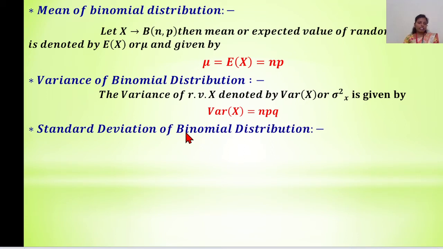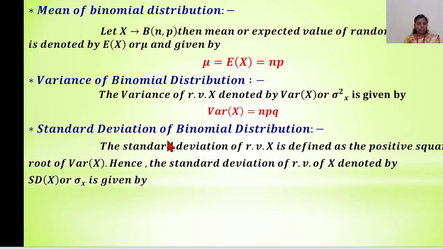Now the next point is standard deviation of binomial distribution. The standard deviation of random variable X is defined as the positive square root of variance of X. Hence, the standard deviation of random variable X, denoted by SD(X) or sigma x, is given by SD(X) equal to square root of Var(X), equal to square root of npq.